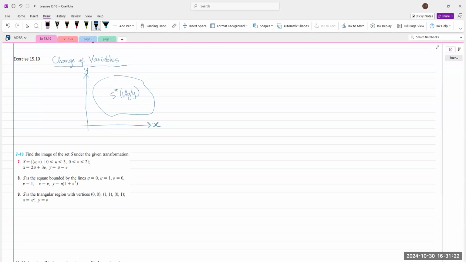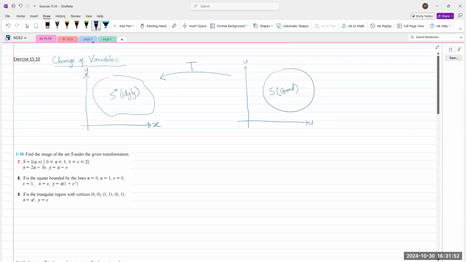Now, when we reshape that, we basically need to think about what kind of domain in UV, the good shape, is such that using transformation T, we get that ugly shape.